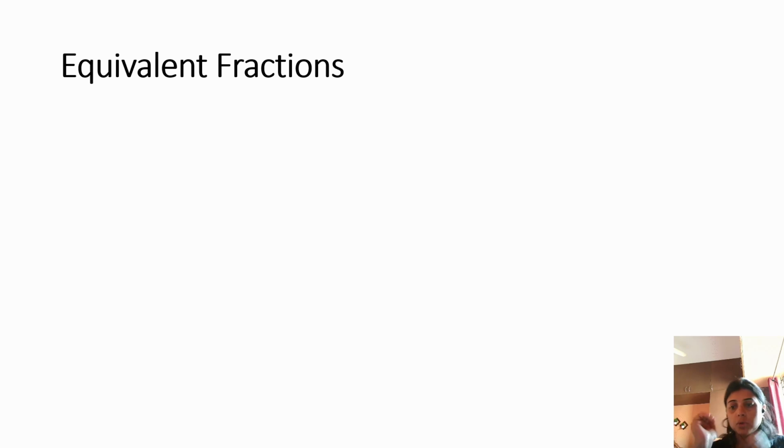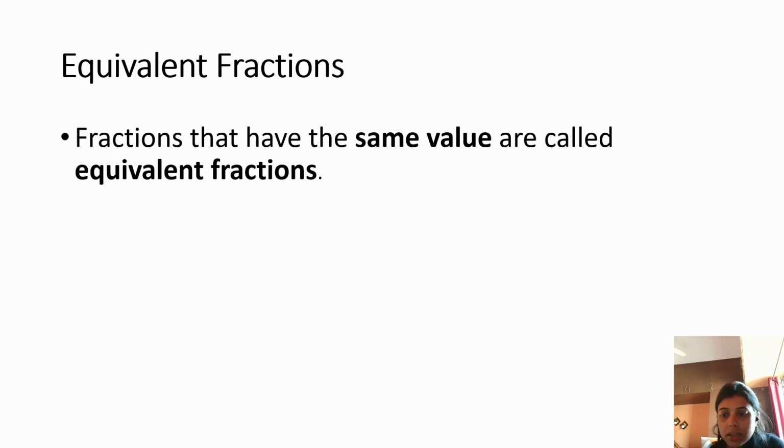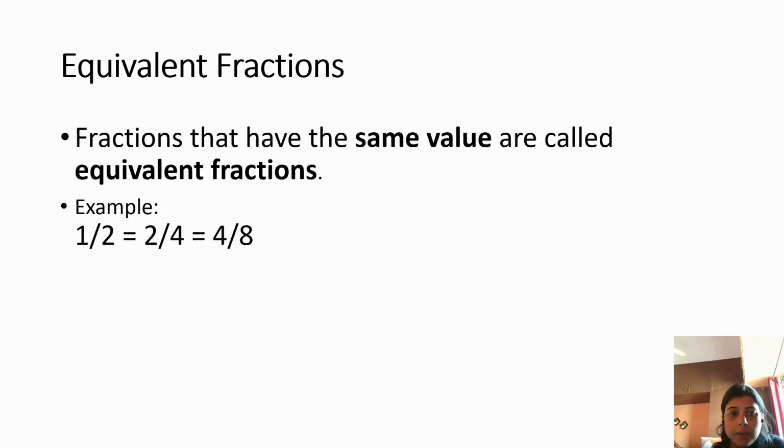ओके, पहले फ्रैक्शन क्या होता है? It's a portion of the whole. And equivalent fraction क्या है? अगर फ्रैक्शन का सेम वैल्यू आता है, then it is called equivalent fraction. For an example, 1 by 2 is equal to 2 by 4, which is equal to 4 by 8.